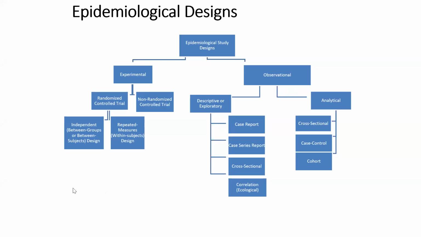Remember I said cross-sectional design under descriptive looks at a population group in which some people have the outcome of interest and some people do not. So it's a mixed group. You do not know who has and who doesn't, and you're collecting information to identify, among other things, who has and who doesn't.